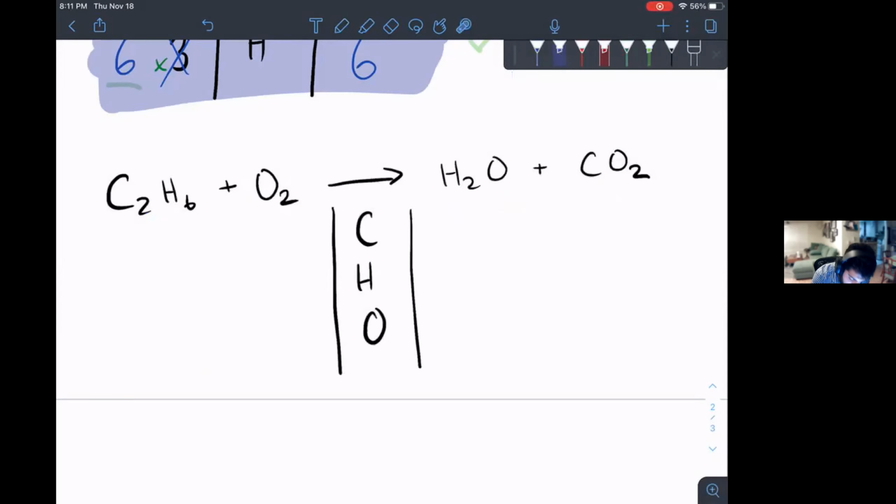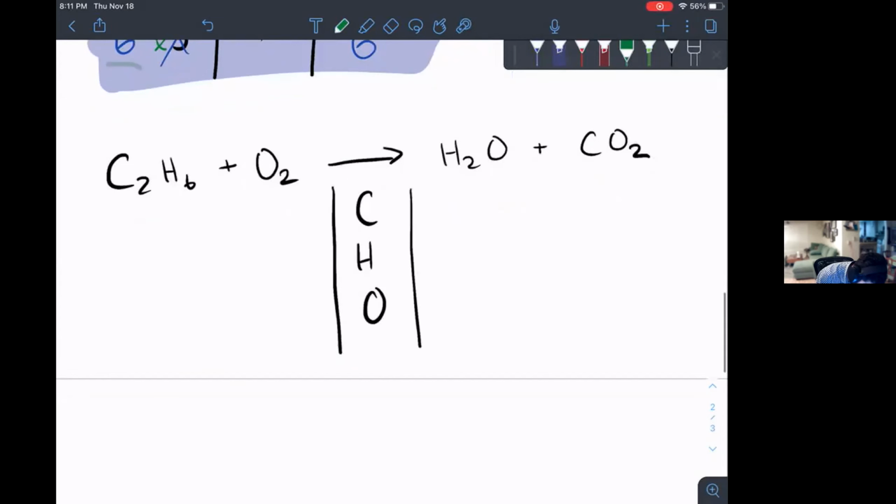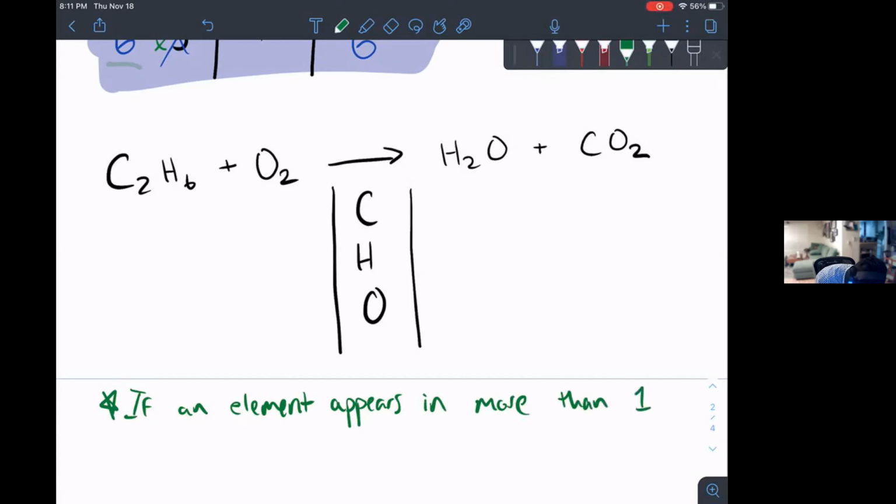When you're balancing, and this is pretty crucial if you don't want to mess up, the best way to say this, actually, let's do this. If an element appears in more than one place per side, balance it last.